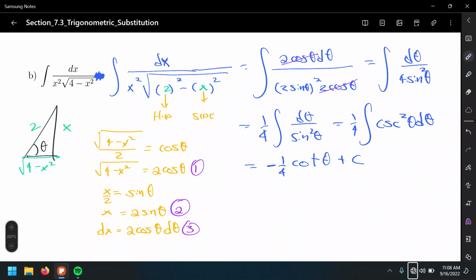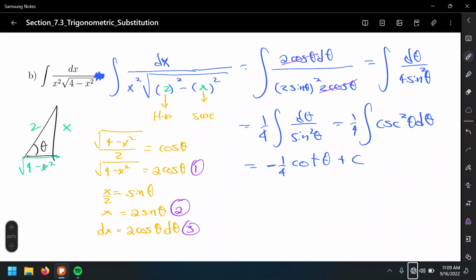Let's just go back to our triangle here. Cotangent, SOHCAHTOA. What's SOHCAHTOA for cotangent? Cosine over sine. But how about SOHCAHTOA in terms of sides?